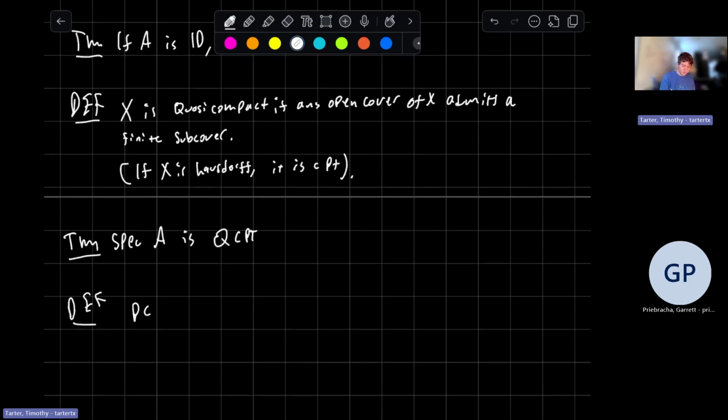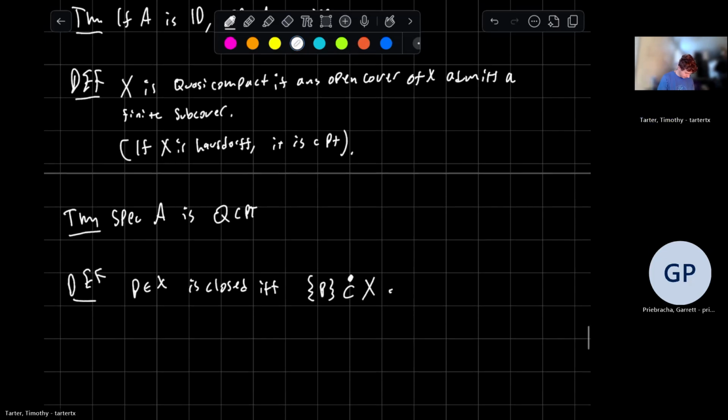A point P in X is closed if and only if the subset containing P in X is closed. Hilbert's Nullstellensatz, and so on. A function on a variety over an algebraically closed field is determined by its classical points.